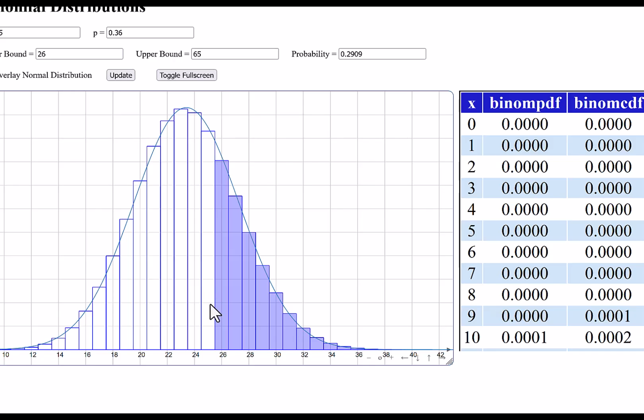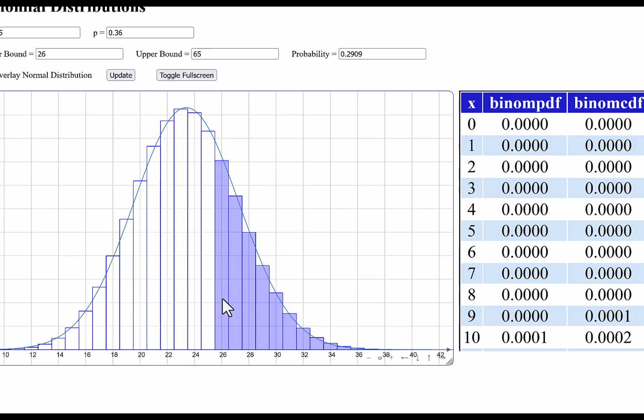It just says, instead of starting the normal distribution calculation at 25, start it at 25.5, which is the beginning of this bar right here. And that more resembles the shaded region here for the binomial distribution. So that's ultimately why we need this.